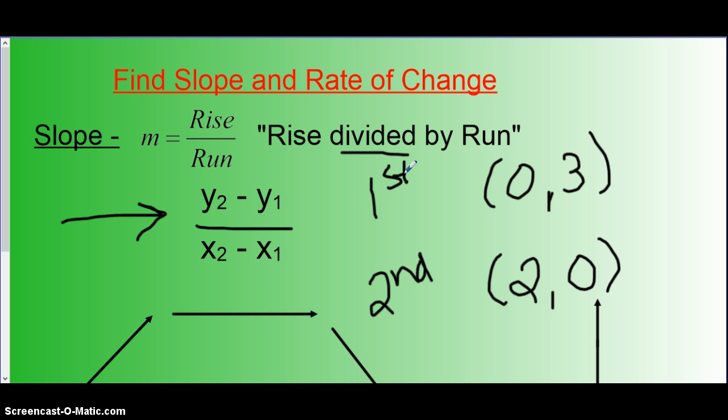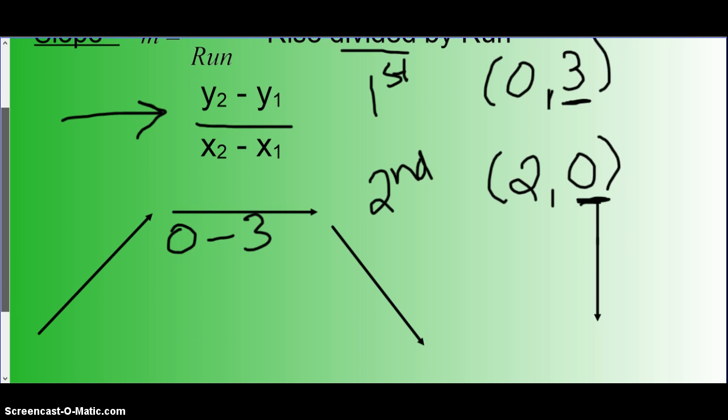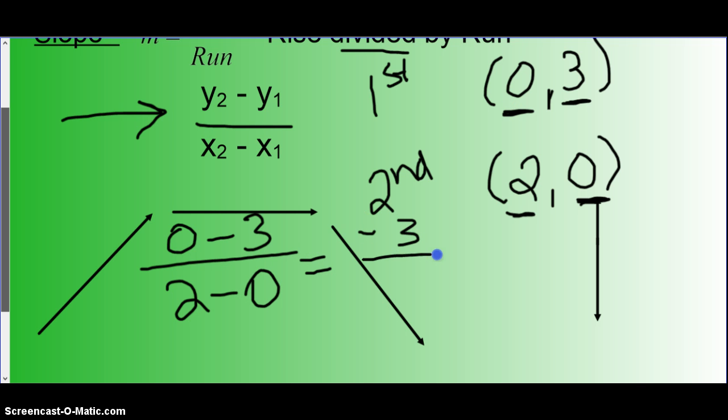So we're going to take our y2, which is located here, so it's our second y, and subtract it from y1, which is 3, divided by our second x-coordinate, 2, minus our first x-coordinate, which is 0, and we end up with a negative 3 divided by 2.